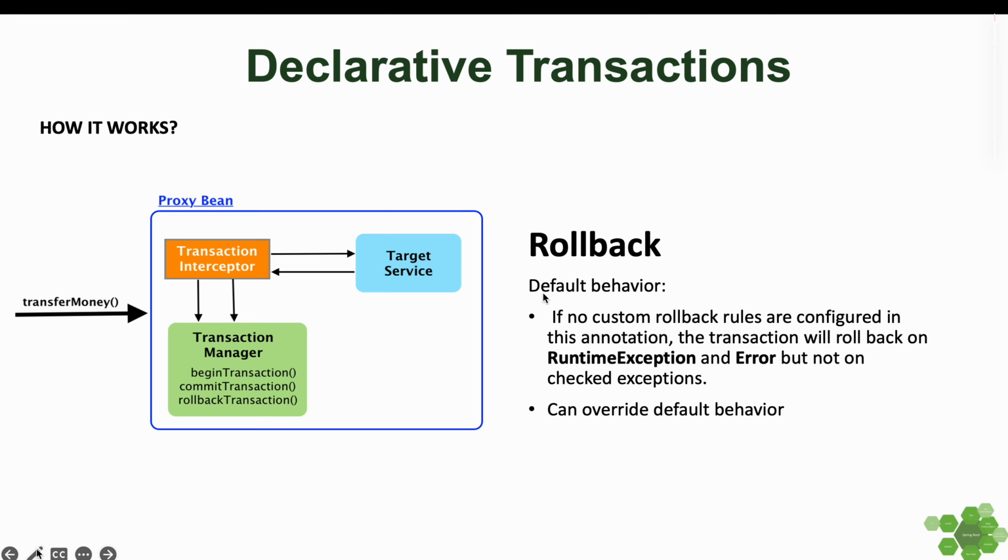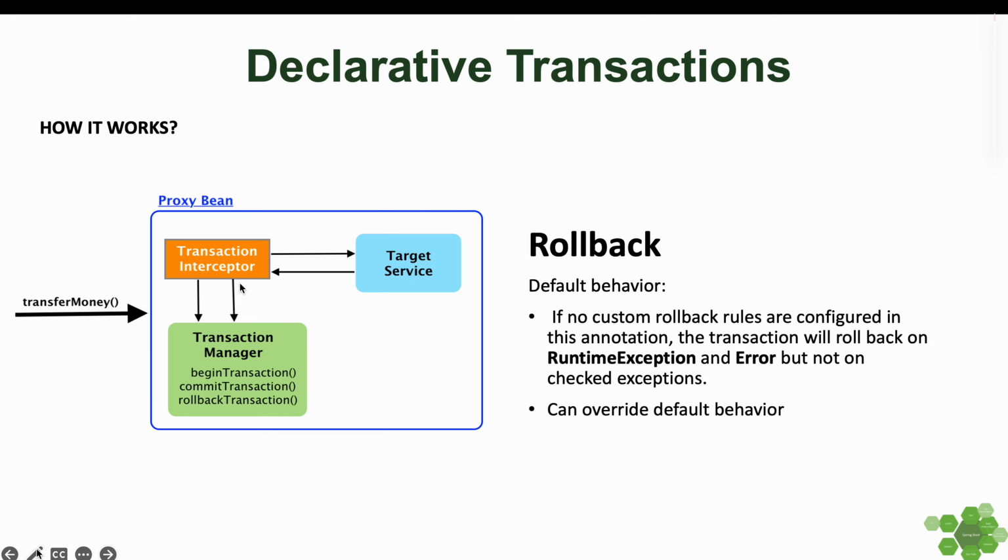So if it's a rollback, the default behavior of rollback, if no custom rules are configured in the transactional annotation, is that the transaction will roll back on a runtime exception or an error. Let's say the target service method executed and it threw a runtime exception or one of its subclasses.